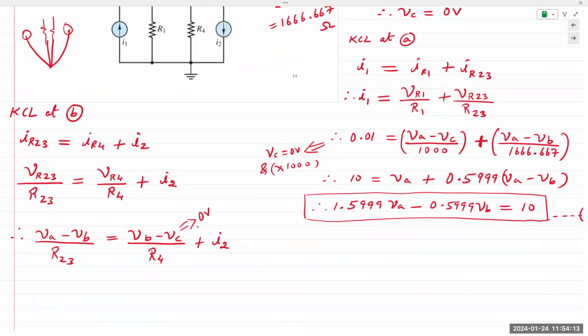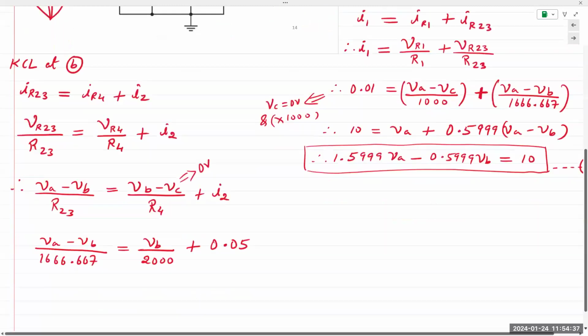VC is equal to 0 volts. When I plug in the resistor values, I get VA minus VB divided by R23, and this would be equal to VB divided by, what is R4? 2000, plus I2 is 50 milliamps, so 0.05.